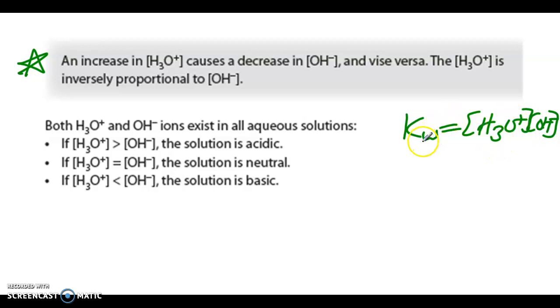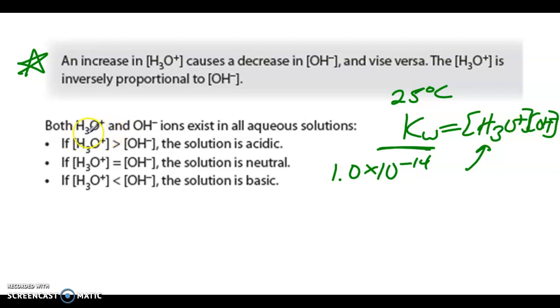So what happens is, for this value to stay constant, for Kw to be whatever it is at 25 degrees Celsius, and this is assuming temperature is not changing, once you have the value of one going up, the other will have to go down for this to be the same value for the Kw. So for it to stay at 1.0 times 10 to the negative 14, if your hydronium goes up, your hydroxide goes down, or vice versa.